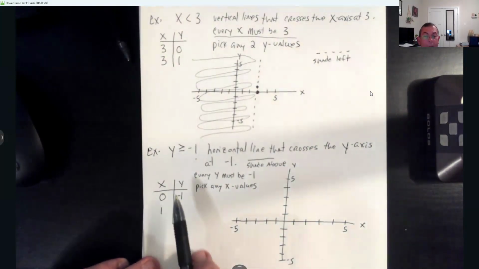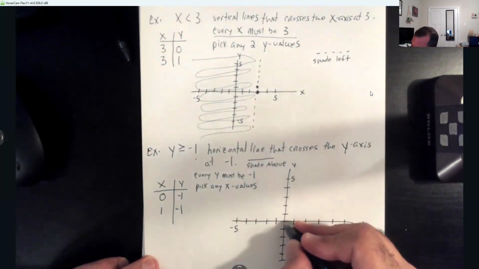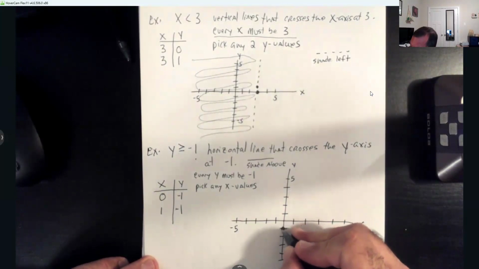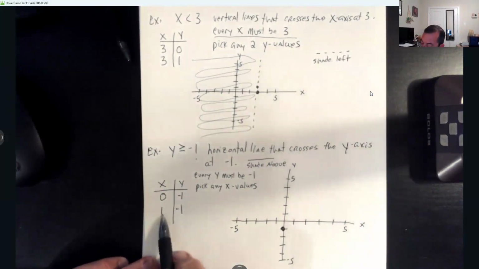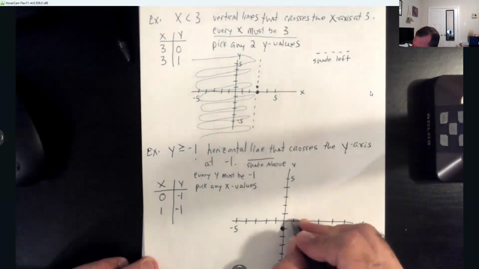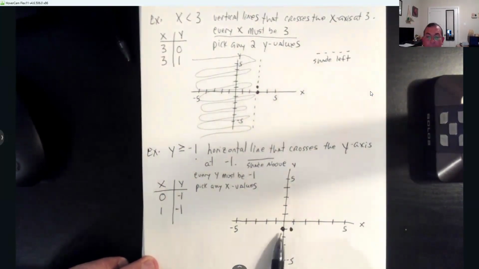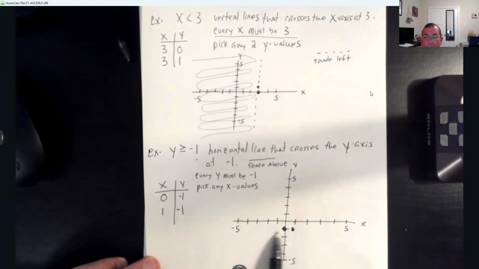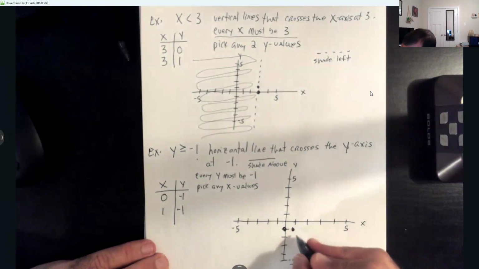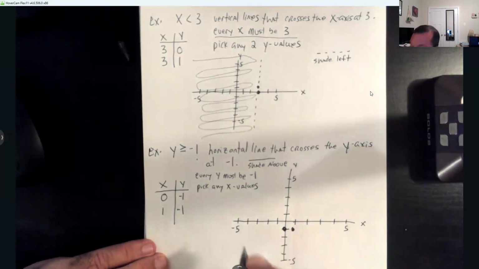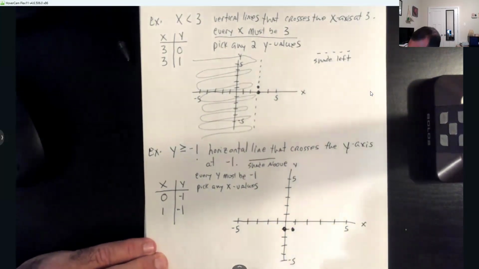All right, y'all, so let's see what we got. We had 0, -1, so 0 on the X, down 1 on the Y. I had 1, -1, so right 1 on the X, down 1. So look, all my points are coming across this Y value of -1. Remember, anything on this line would have a Y value of -1.